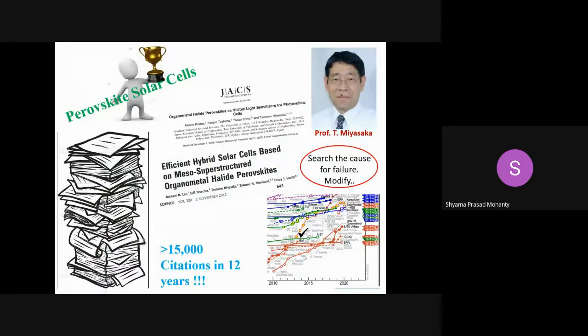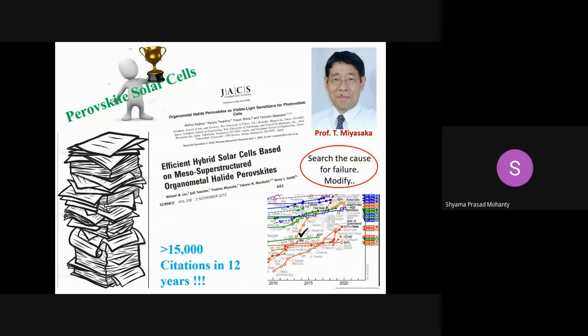Everything was fine until about 2012 or 13. Then there was a change in the history of these solar cells. That was the evolution of perovskite solar cells, which have now been the leading topic of research in solar cells.